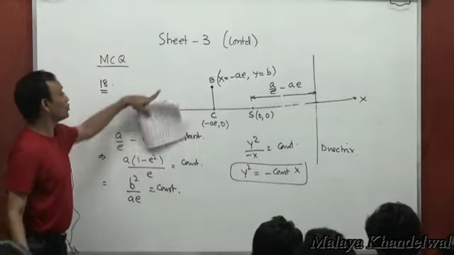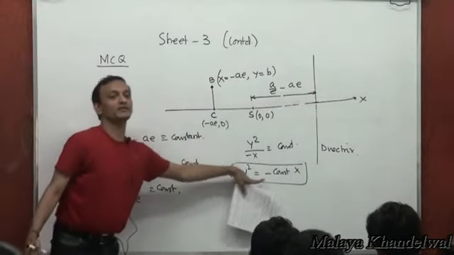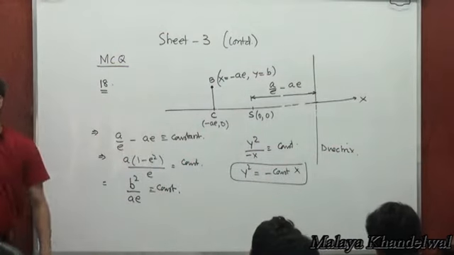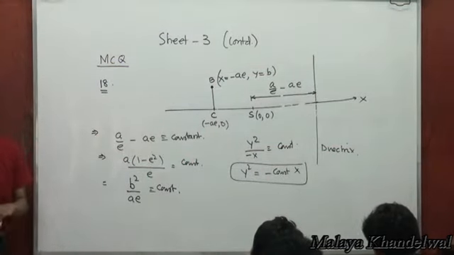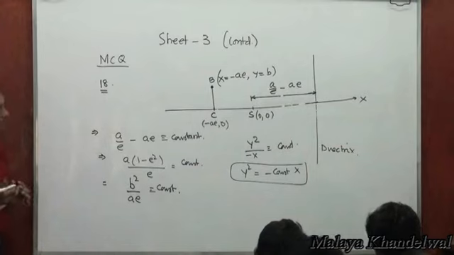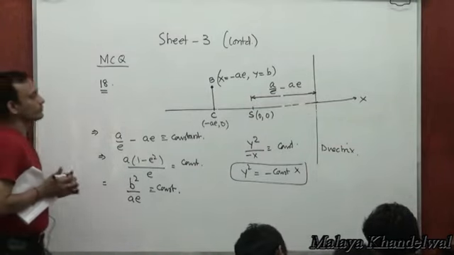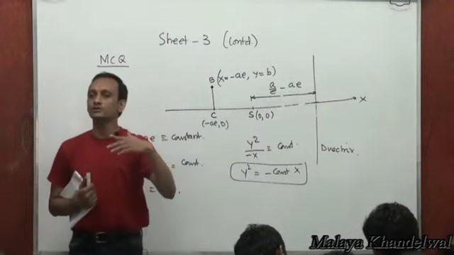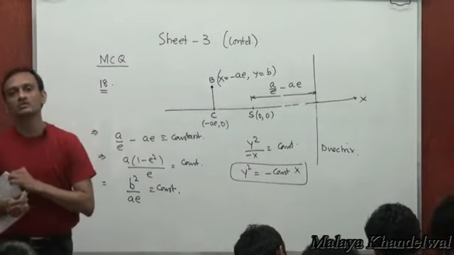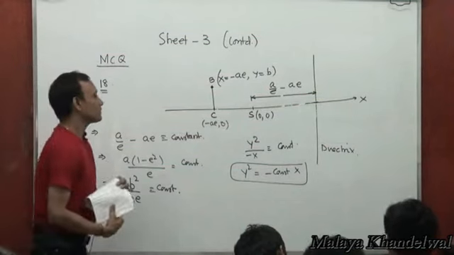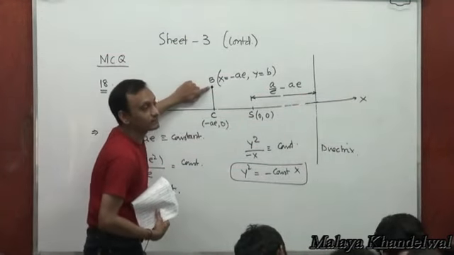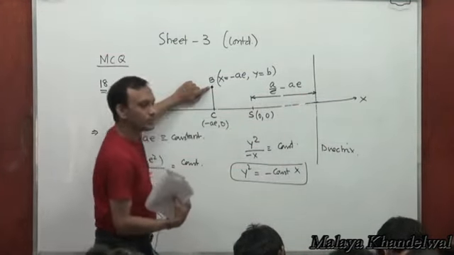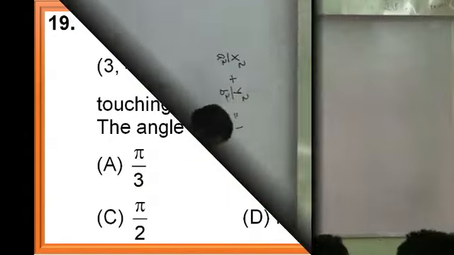A parabola. So the locus of B is a parabola. So with this as the focus and this as the directrix, if you continue to draw ellipses of different eccentricities, then the path traced by B will be a parabola, right?